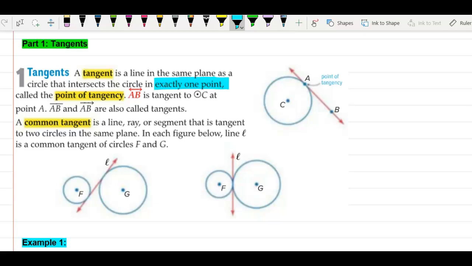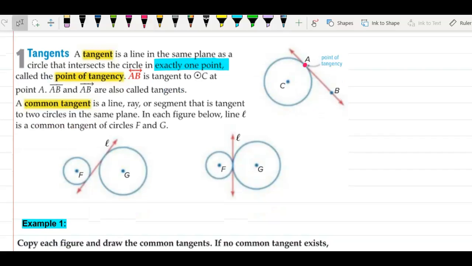If you set a baseball on a table, it only touches the table at 1 point, just like a tangent line only barely scrapes the surface of the circle. In this example for circle C, the point A would be the point of tangency, while line AB would be the tangent line.